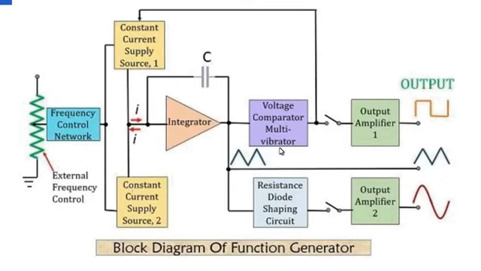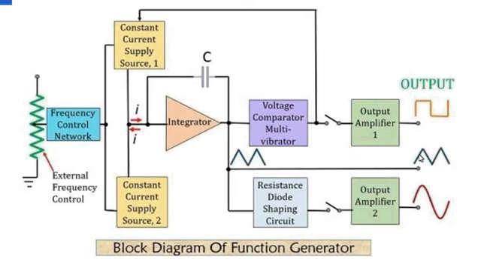Since the direction of current from the lower source is opposite to that of the upper current source, the output voltage decreases linearly with time till a change of state at a predetermined level is brought about by the voltage comparator multivibrator. The upper current source is switched on again. Hence we get a triangular wave shape.